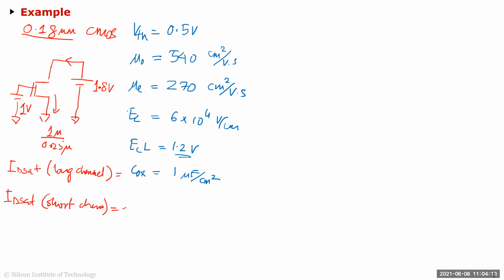How many of you are not sure about the long channel saturation current equation? Okay, Ashwini, 0.912, so 912 microamps. Okay, we got one answer. Who else?